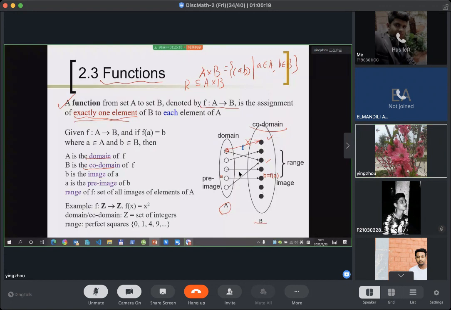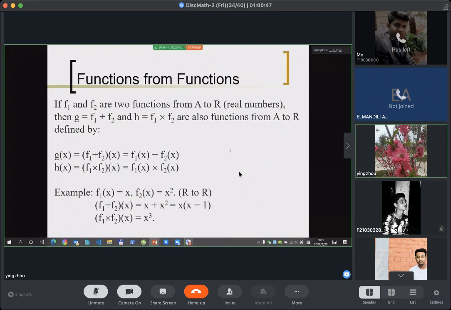The image is an element of the codomain, and the preimage is the element of the domain. And the range you can say is all the images, all the elements it connects with from the domain.